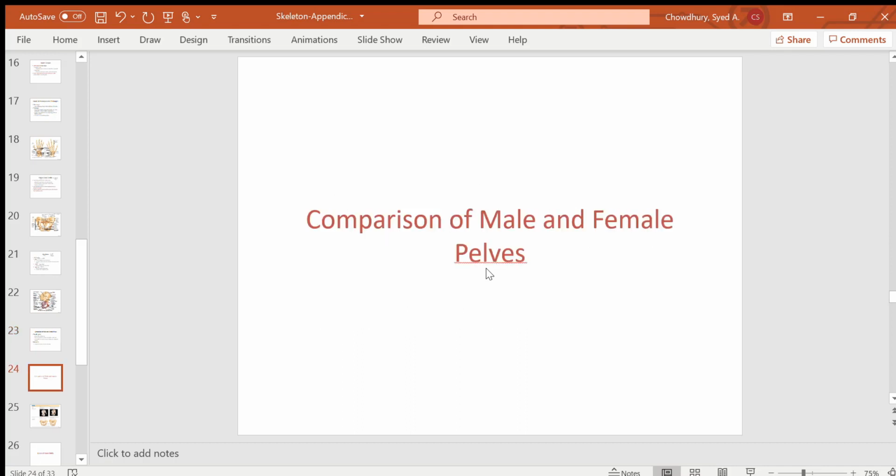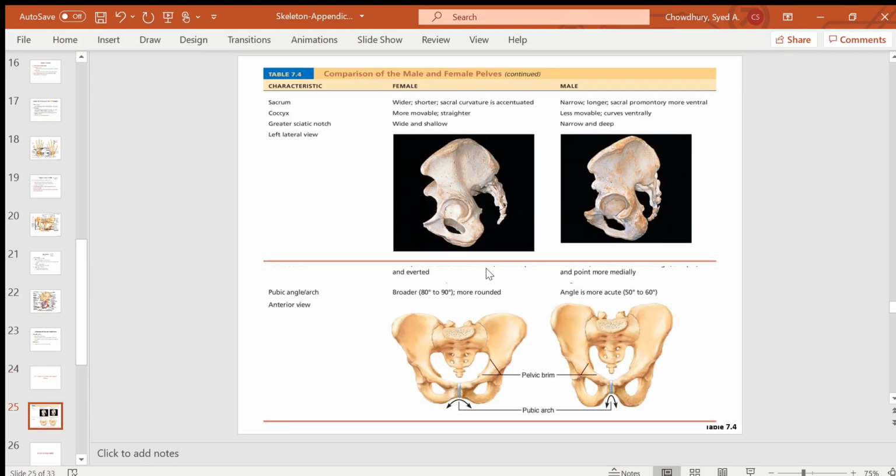Now, as I mentioned, the bony pelvis of a male and female look different. Why do they look different? The main reason is that the female bears the child. So the fetus grows inside the uterus in the pelvic cavity, right?